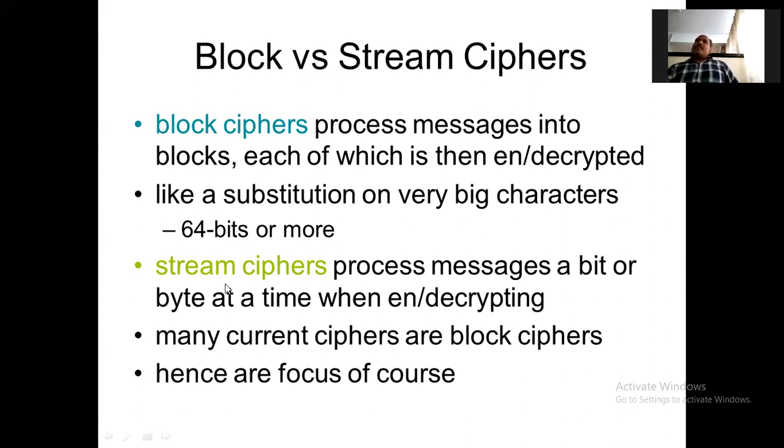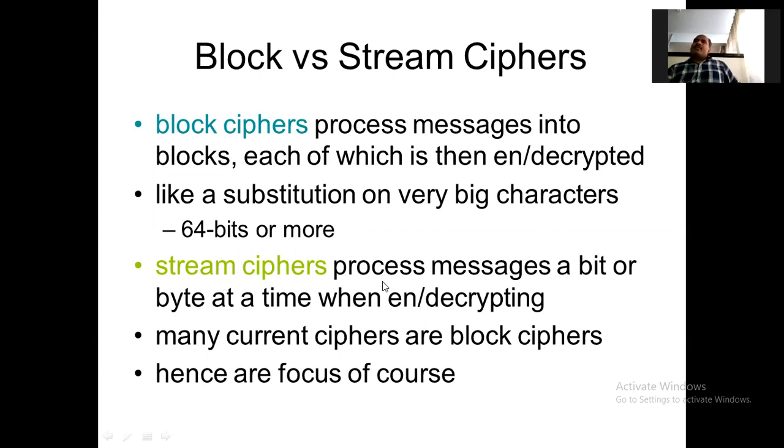But stream ciphers process messages a bit or a byte at a time when encrypting or decrypting. They use 1 bit or a byte, and a byte is a total of 8 bits. These are called stream ciphers.